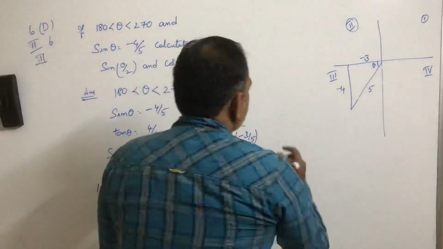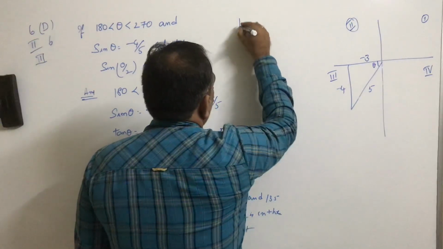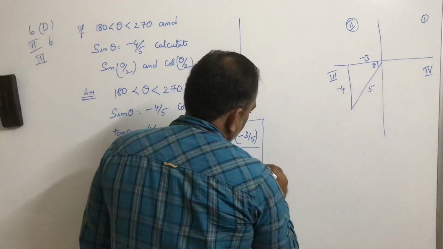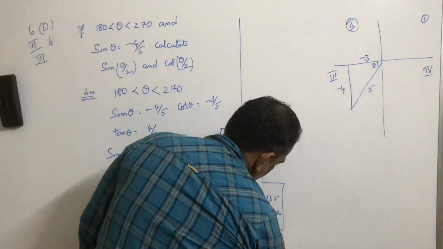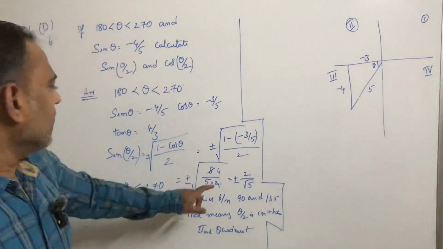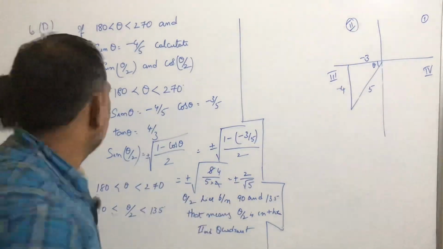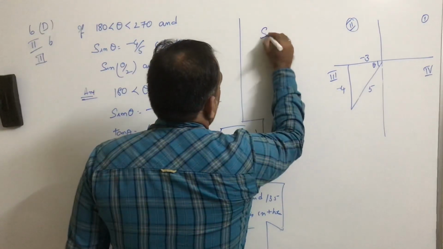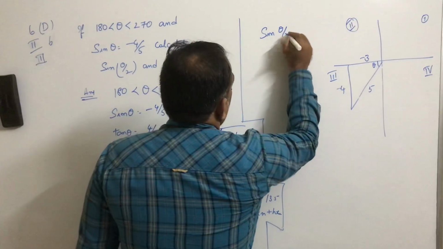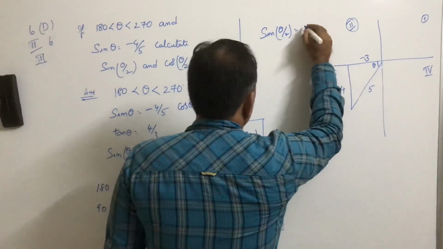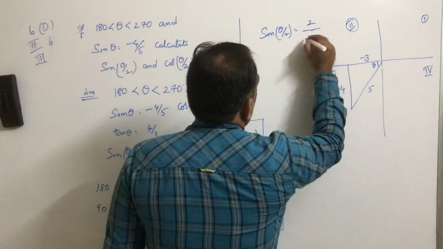In the second quadrant, sine is positive, so we need to ignore the negative value. Finally, sin theta by 2 equals 2 by root 5.